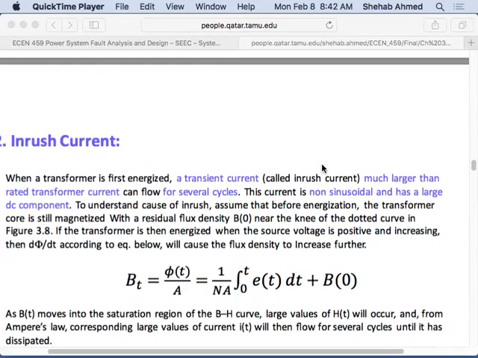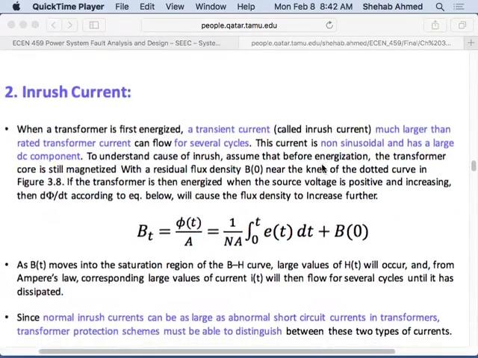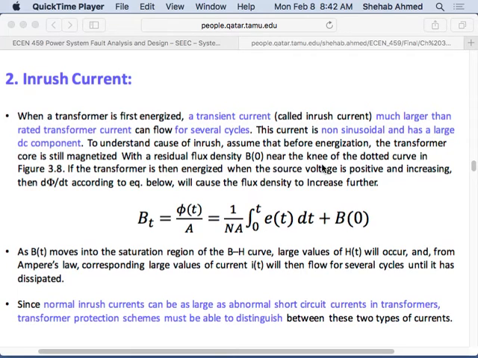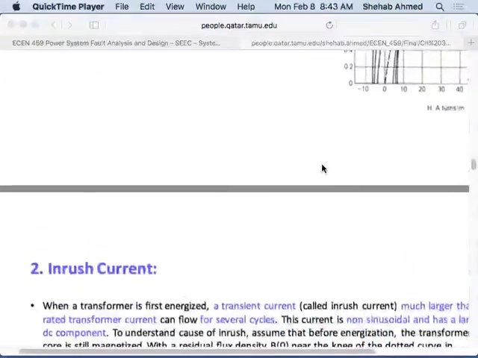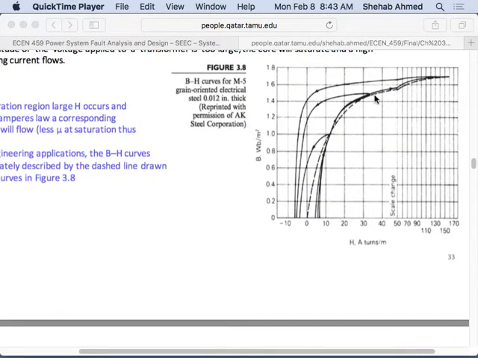Another thing to consider is related to what we just talked about. If you're on the BH curve and you're at the top, at this knee here, remember, magnetic materials have some residual magnetization, right? So if you magnetize a magnetic material and you remove current, there will be some residual magnetism left in the material.